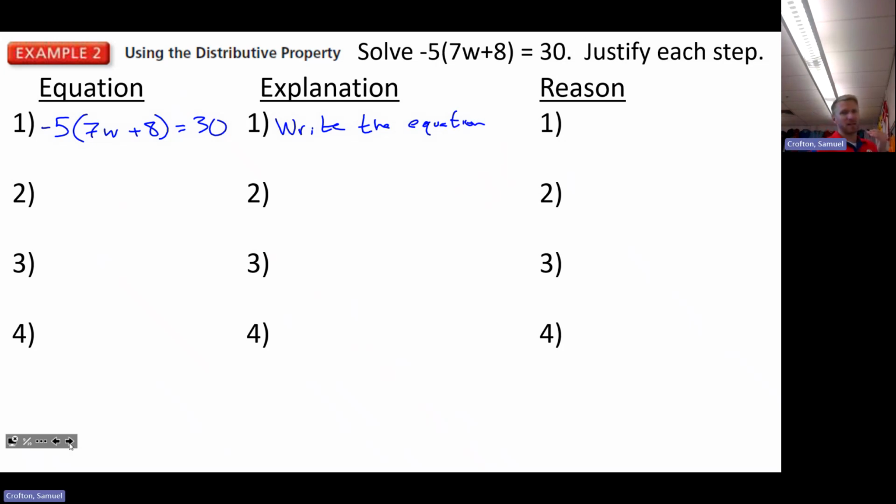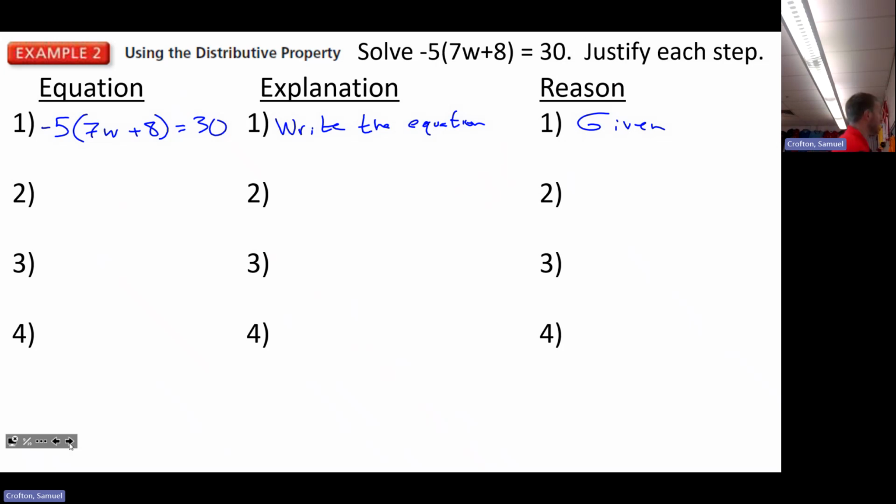You want to think of it like, how did I get to this point? How I got to where I wrote in step 1 is I just wrote the equation. I just wrote what was given to me. That's it. And again, the reason is given. Given's going to start you off because you have to have something to start with.